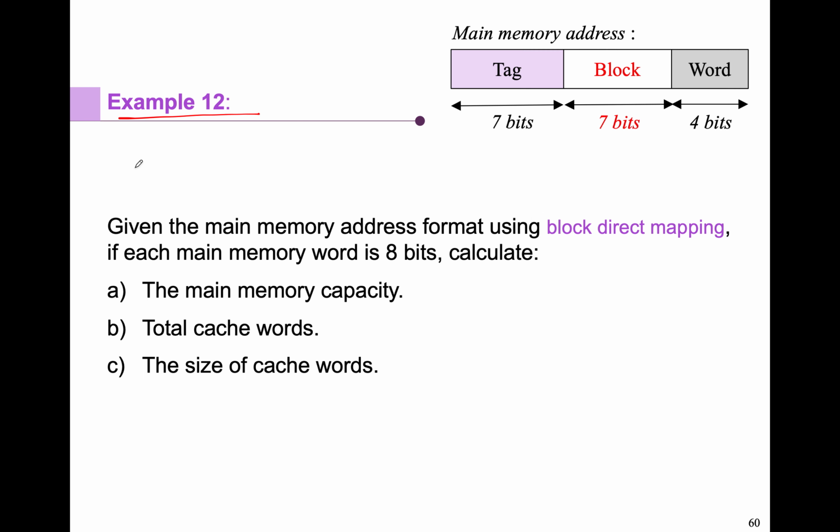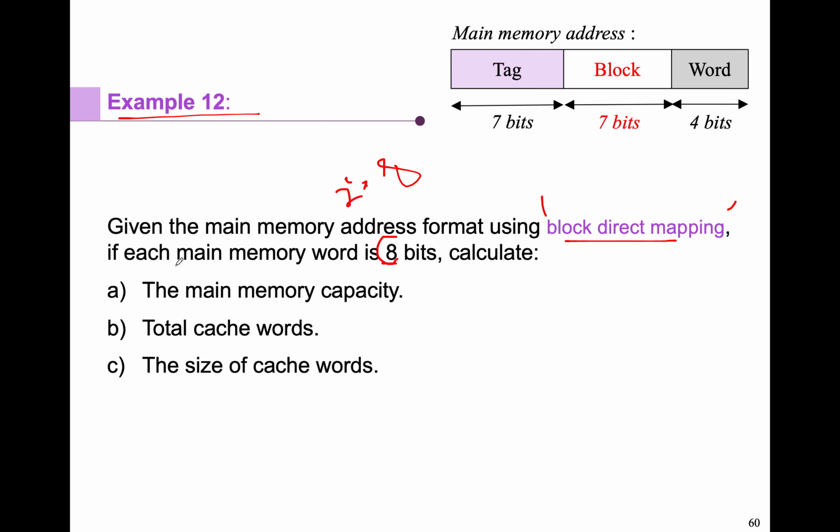Here is an example. Given the main memory address format using block direct mapping, it directly informs you what technique is being used. If each memory word is 8 bits, what you need to do is 2 to the power of 8 bits.